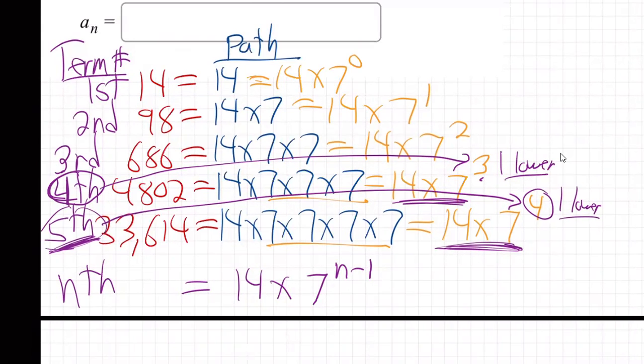The power is always one lower than the term number, right? The fifth term, the power is 4. The fourth term, the power is 3. Third term, the power is 2. The power is always one lower. So the nth term, the power is n minus 1. 14 times 7 to the n minus 1, isn't it?